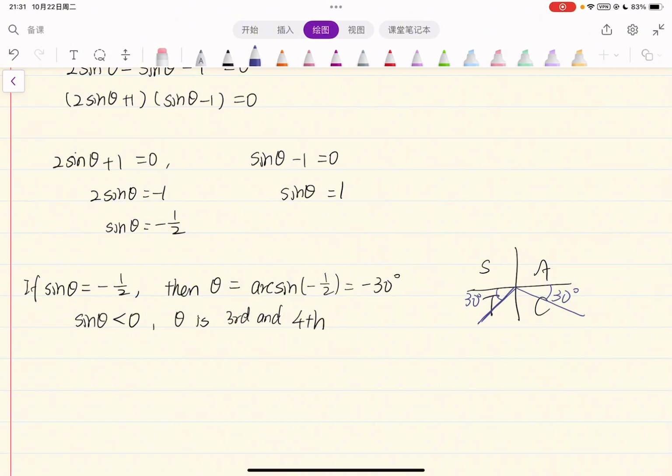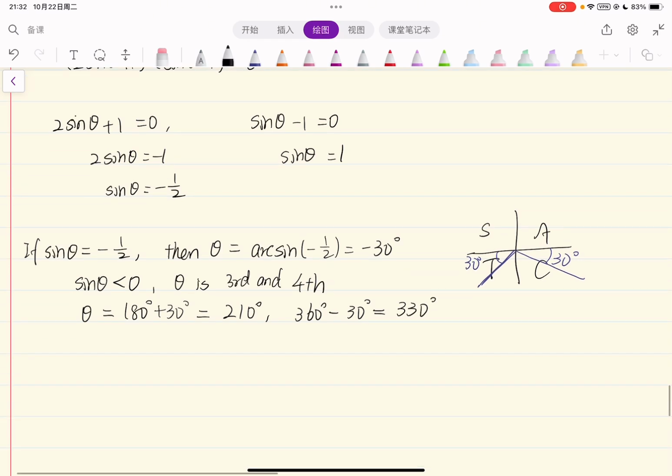For this situation, we have that theta equals 180 degrees plus 30 degrees, which equals 210 degrees. And another possible value is 360 degrees minus 30 degrees, which equals 330 degrees. Those are the values of theta if sine theta equals minus half.